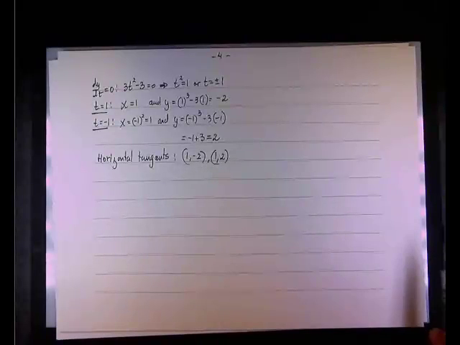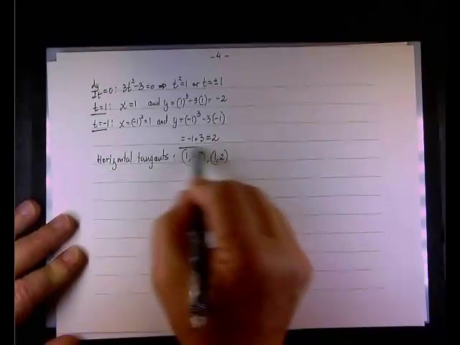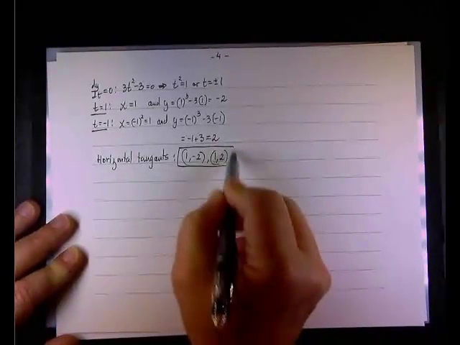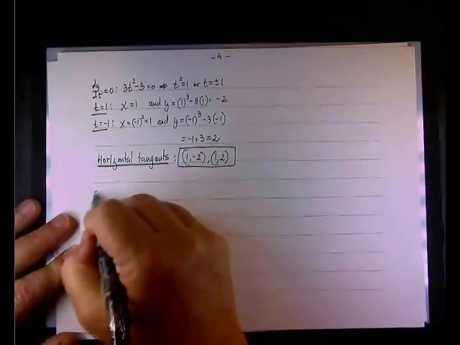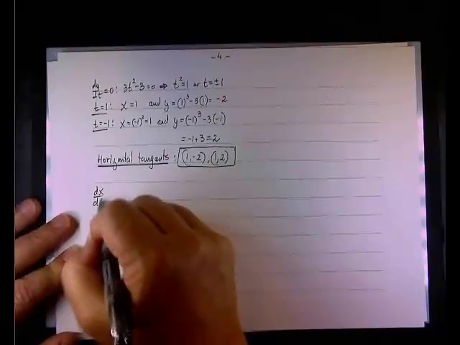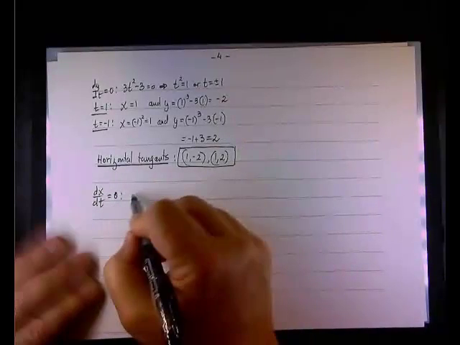So obviously this curve is not a function, as you can see, because here we have a violation of the vertical line rule. Okay, so this is the answer to horizontal tangent.